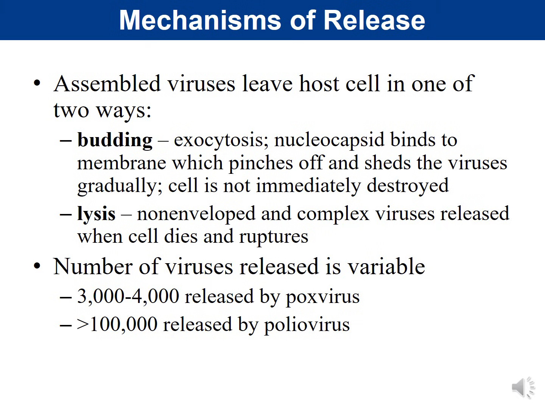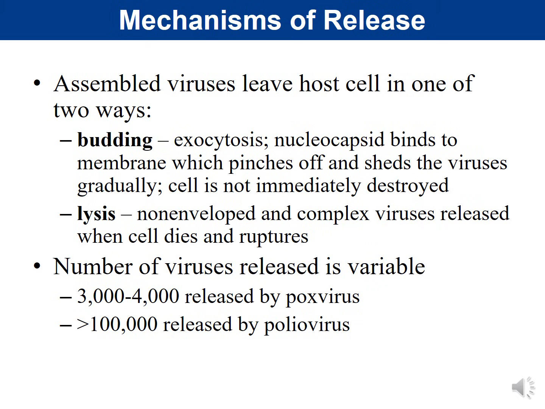But we will talk about the last stage, which is the release of the virus. Those assembled virus particles need to leave the host cell in order to infect adjacent cells. There are two ways through which those assembled viruses can leave. The first is budding, which is exocytosis.